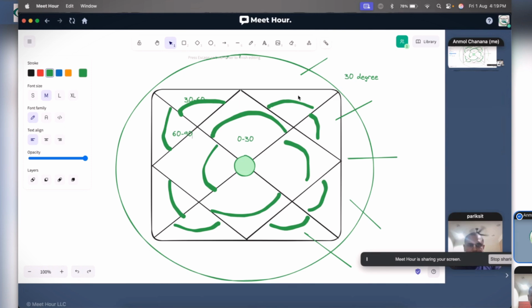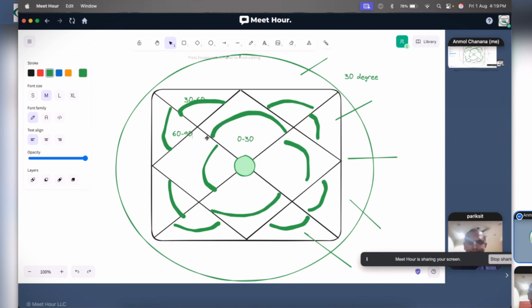So this is basically what a chart is. A chart is nothing but the screenshot of your space at the time and place of your birth.